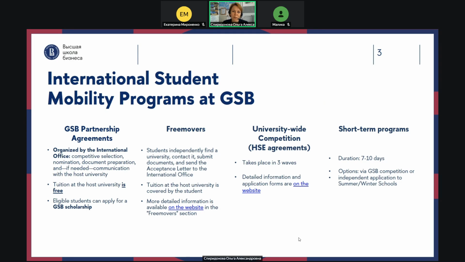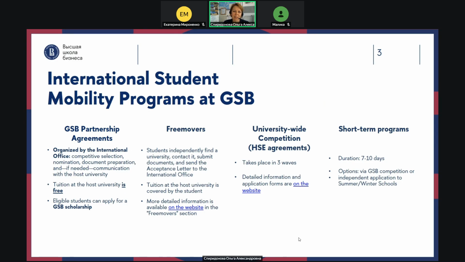We have different types of mobility. We have a long-term mobility program and short-term programs. As for the long-term programs, we have different kinds of mobilities as well. First of all, it's a GSB partnership agreement.